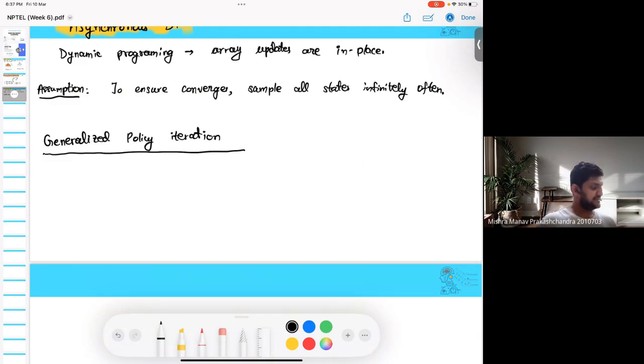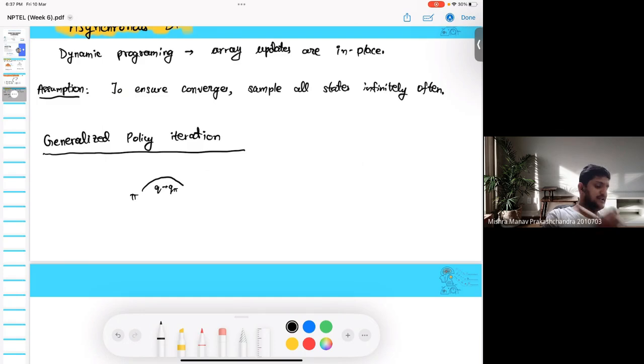What it simply does is you have a policy pi. You use that policy pi to evaluate your Q function, or your V function, any value function for that matter. So let's say I go with Q for now.